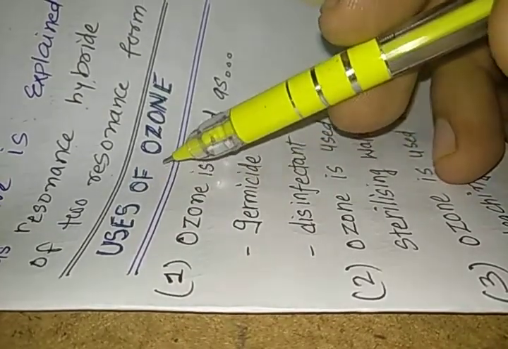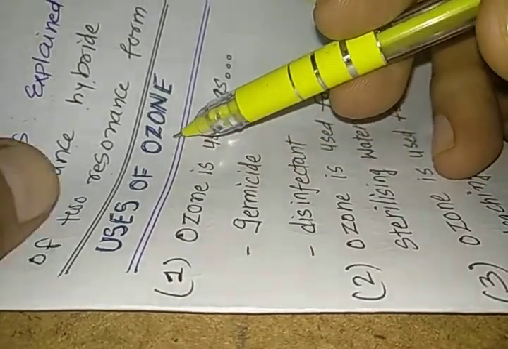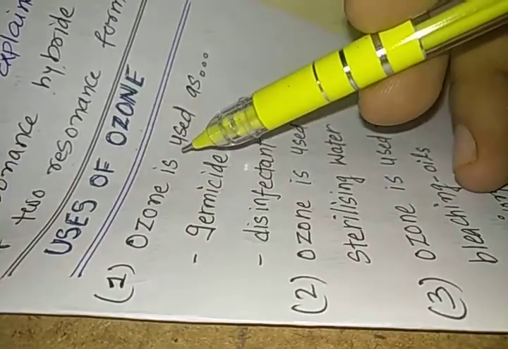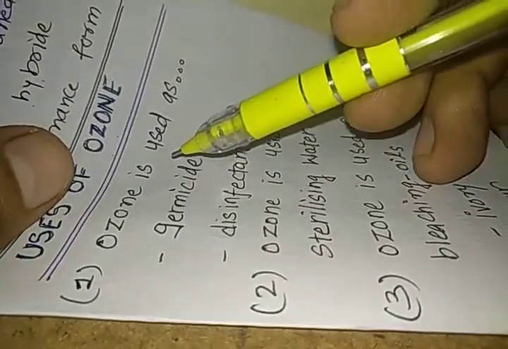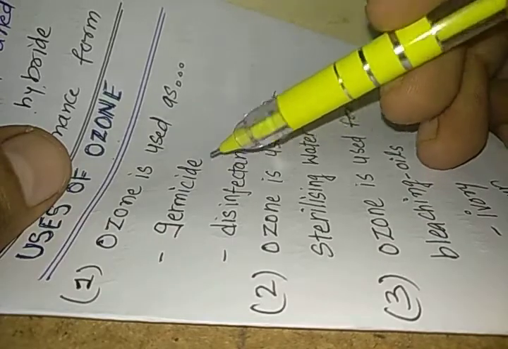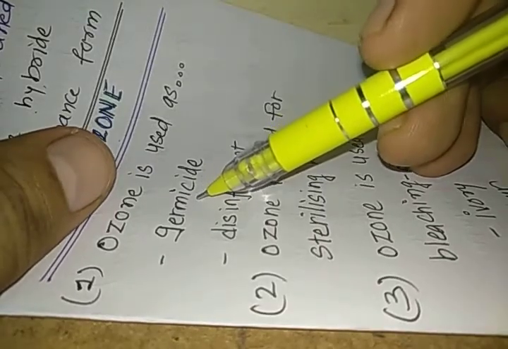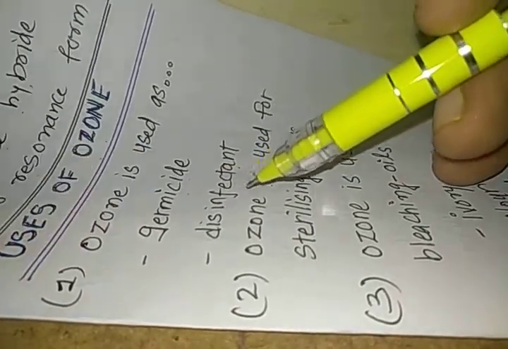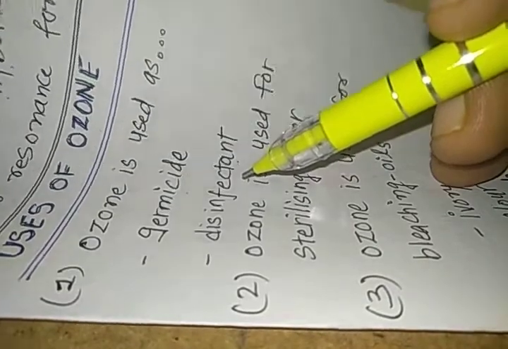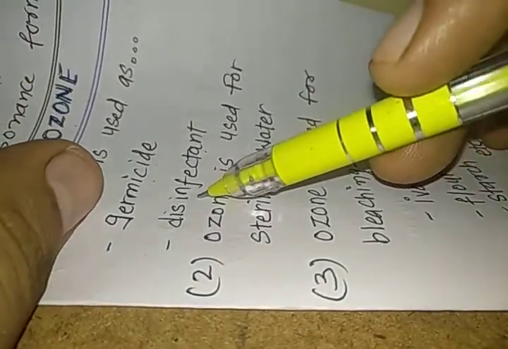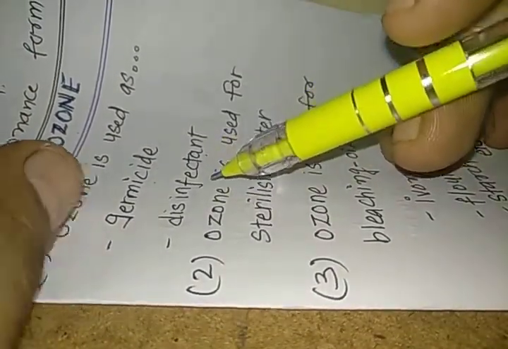We should learn about the various uses of ozone. The first use of ozone is as a germicide and disinfectant. Germicide means killing germs, and disinfectant means killing infection-causing microorganisms, mainly bacteria.